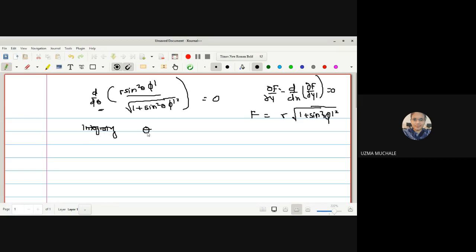Okay, integrating with respect to theta, what do we get? r sine square theta phi dash divided by under root of 1 plus sine square theta phi dash square is equal to some constant, say c dash.